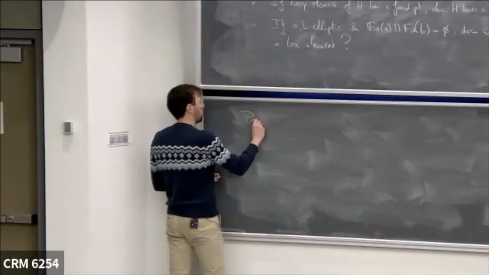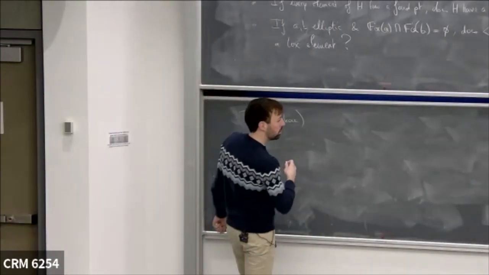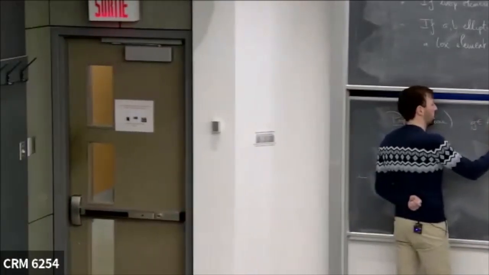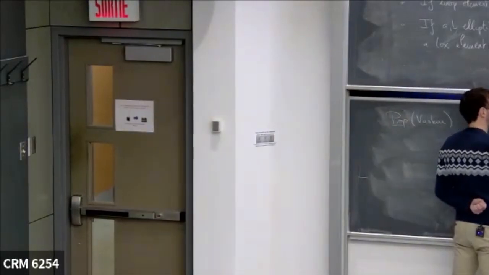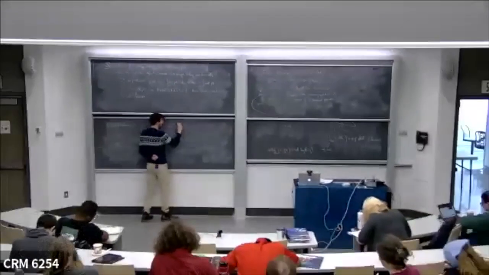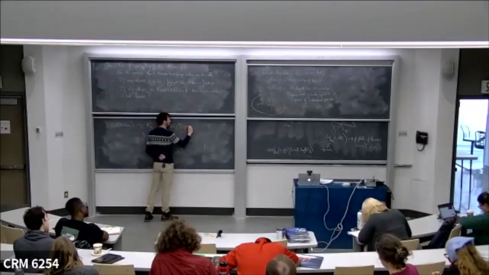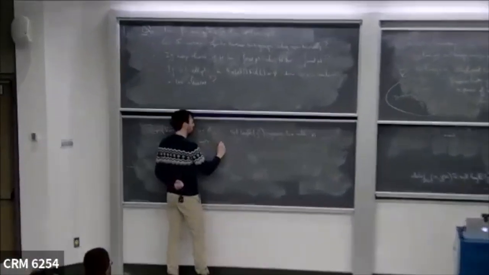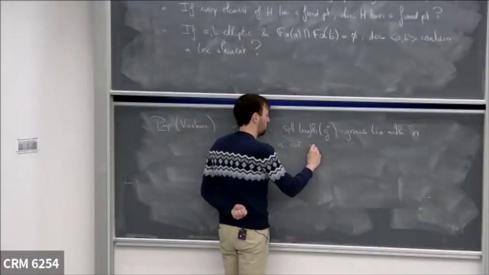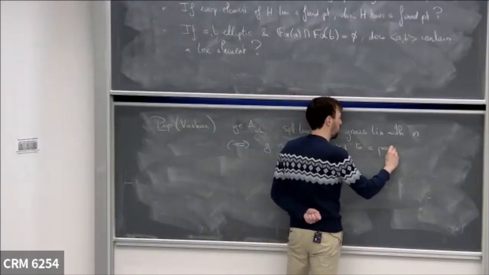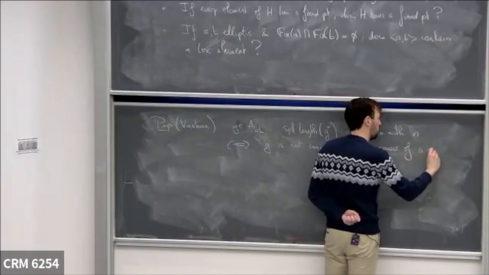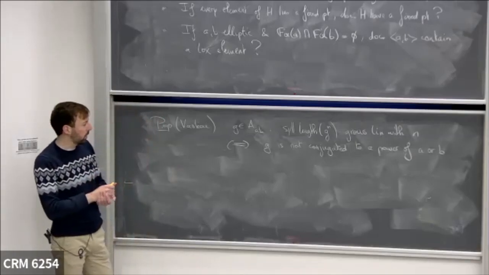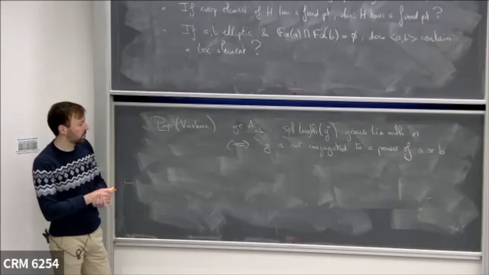If G is an element in your dihedral Artin group, then the syllabic length of G to the n grows linearly with n if and only if G is not conjugated to a power of A or B. That's something you can prove using a mix of actions on trees and what's called Garside theory for dihedral Artin groups.